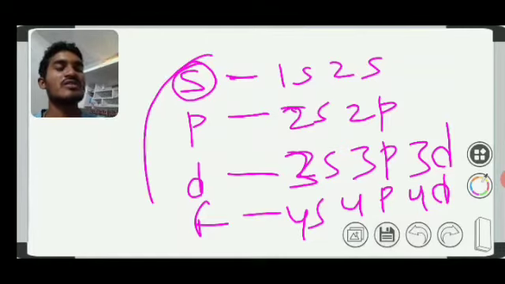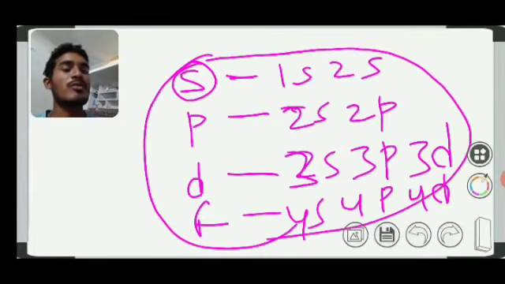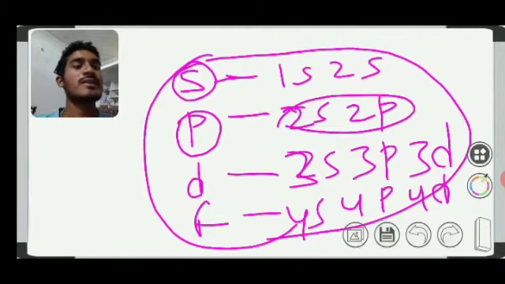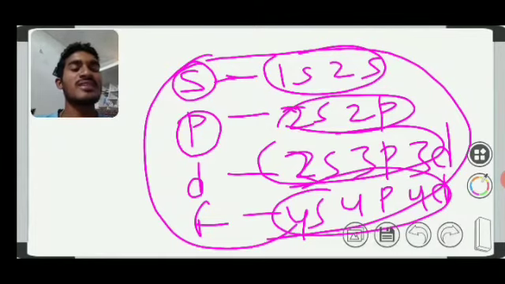This is the basic concept in atomic structure about the s, p, d, f orbitals. The s orbital has one orbital, the p subshell contains 3 orbitals, d has 5, and f has 7 orbitals.